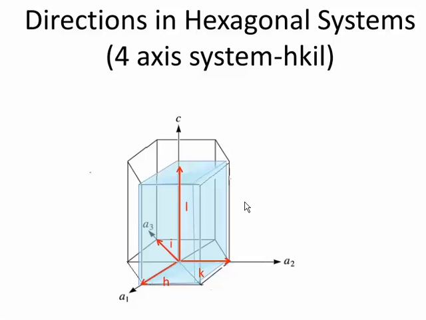And so the Miller-Bravais system was devised, which has 4 axes. H as before, K as before, but now we have an I direction known as a redundant direction because it is a combination of H and K, and we have the L direction as before.